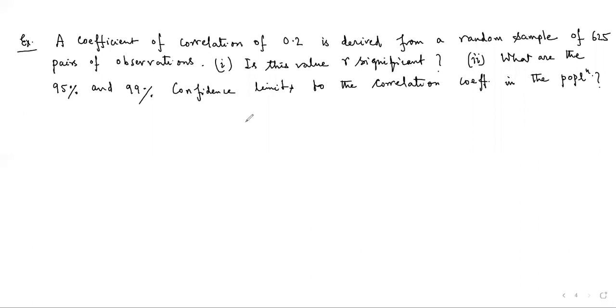Now, question is, what about the standard error of R? What is the formula for that? I'm giving you the formula for the standard error of the population correlation coefficient, for the 95% confidence limit.